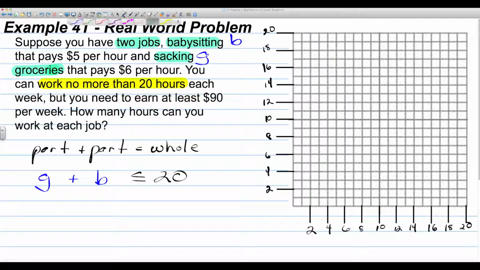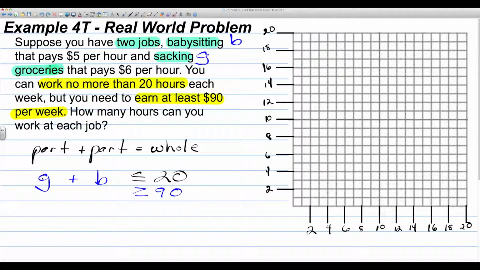Now the other whole in this problem, where we get our other inequality, is the fact that we want to earn at least $90 per week. So in that 1 week's time, we want how much money we earn, $90, to be, and we want the sum of these to be greater than that. Now, what do I mean by the sum of these?